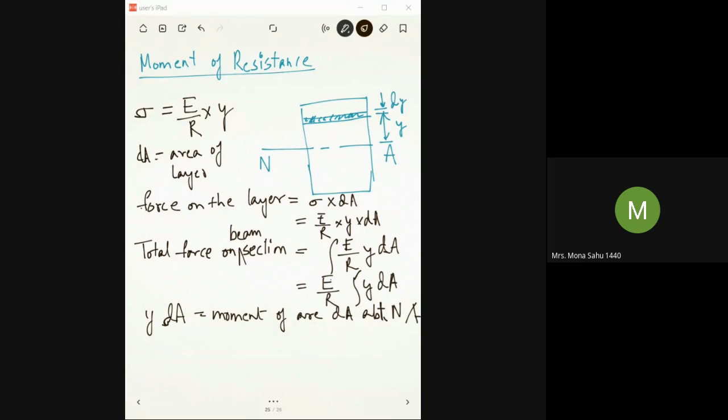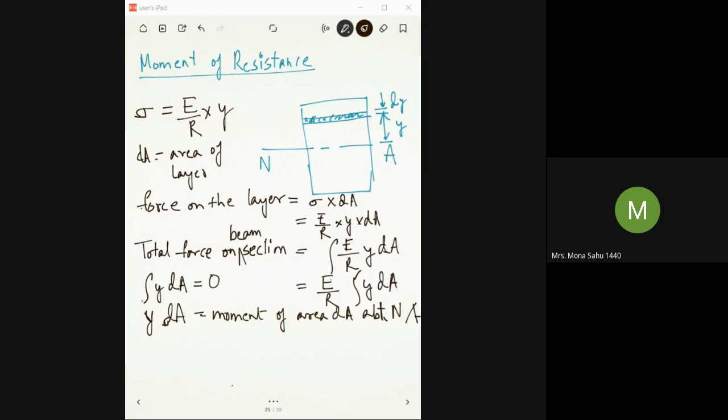So we were talking about pure bending. What do you mean by pure bending? The length of the beam is subjected to only bending, no shear force at all. If there is no shear force, it's under only pure bending, so this is going to be 0. So Y into dA is nothing but the moment of area dA about the neutral axis.